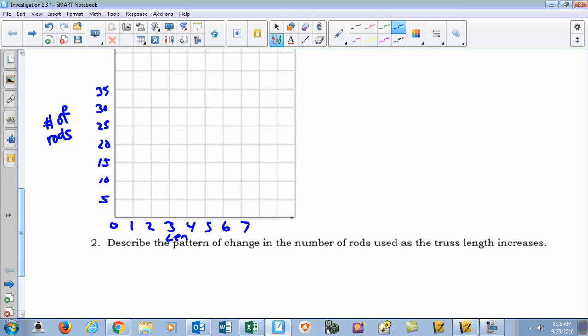And this is the length of the truss, and that's in feet. So at the first foot, we're at 3, and then 7, and then, just trying to graph the best I can here.